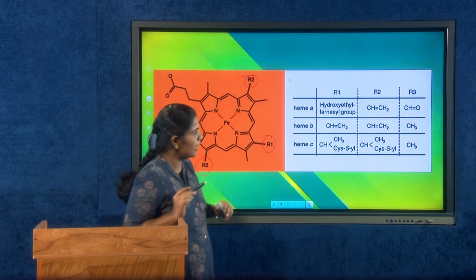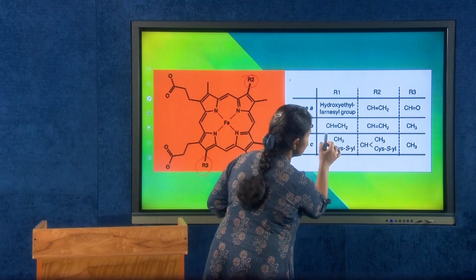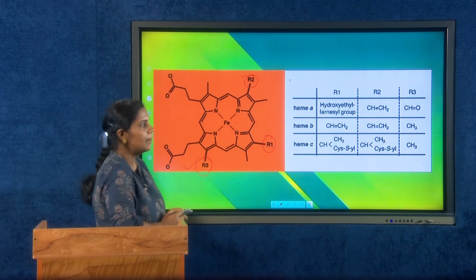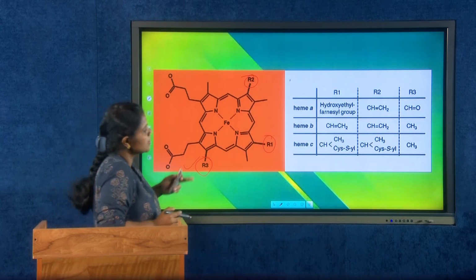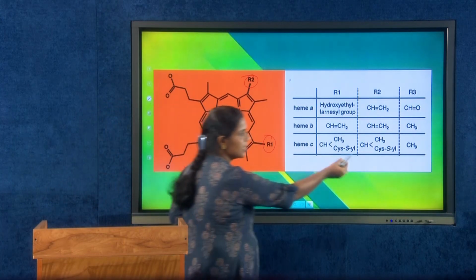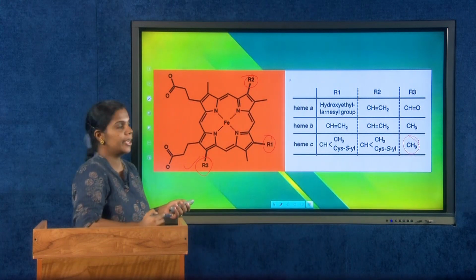In heme B, you can see that both R1 and R2 are the same, that is CH double bond CH2, and the R3 substituent in heme B is CH3. In heme C, the substituent is entirely different, and the R3 substituent is a methyl group in heme C.